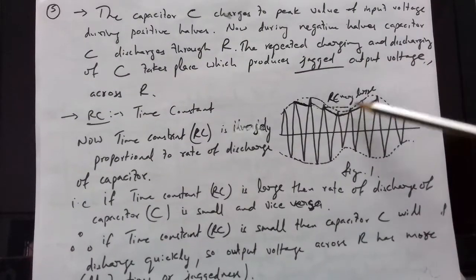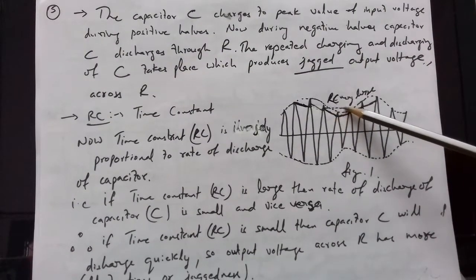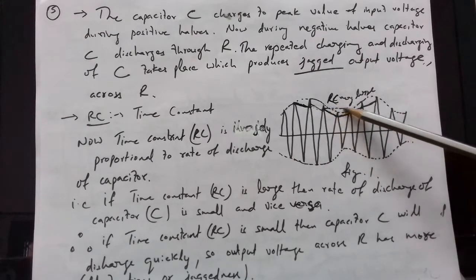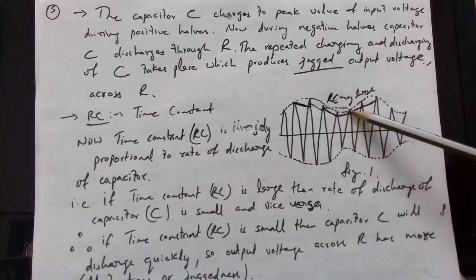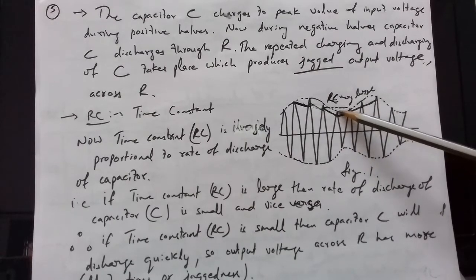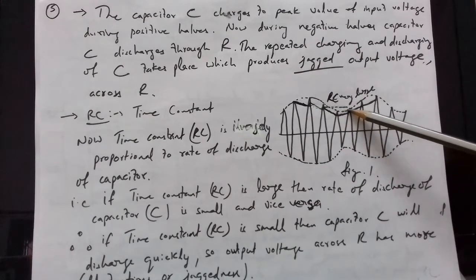Here you can see the line showing the capacitor discharge. Its slope should be less than the slope of this AM wave. Then only you will get that negative portion intact.